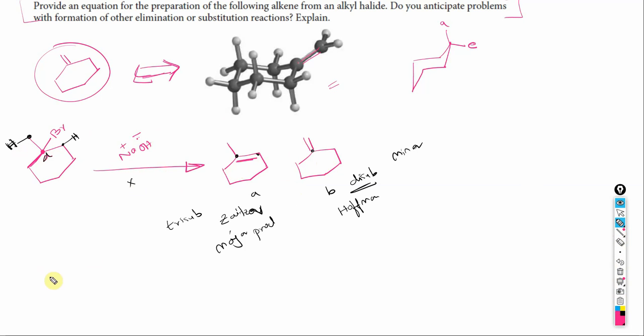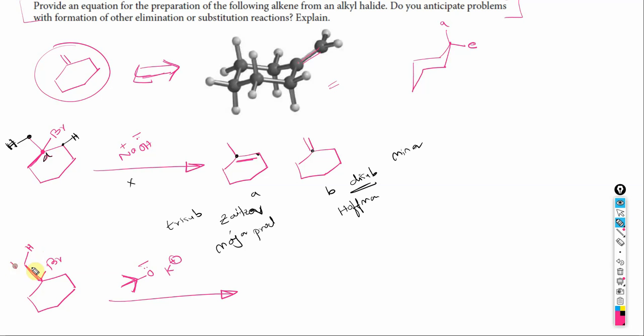Now if you take the same alkyl halide and treat this with a bulky base like sodium tertiary butoxide or potassium tertiary butoxide, then the bulky base, as we have discussed in the classroom, is going to favor the Hofmann product, because it is going to have an easier time abstracting the hydrogen that is more exposed, that's a lower degree.